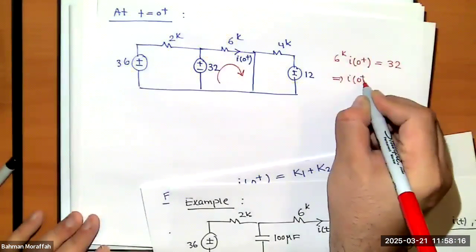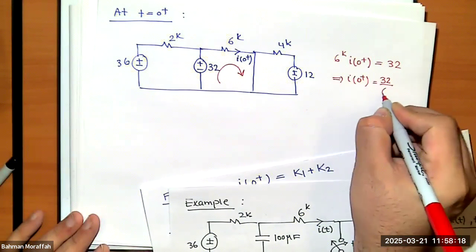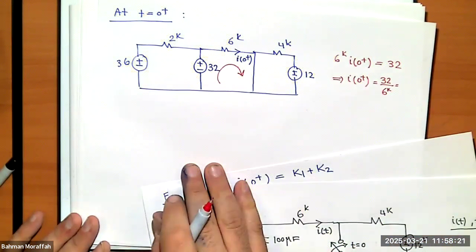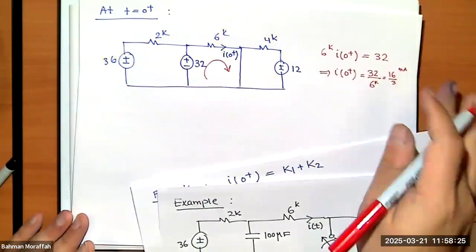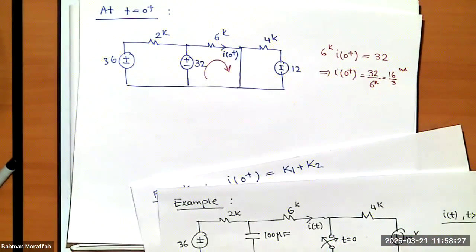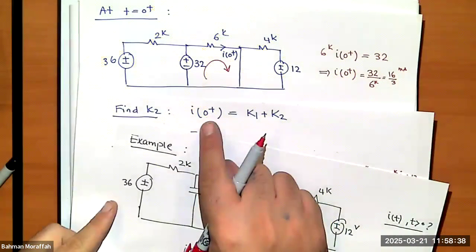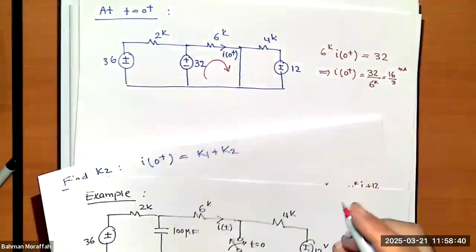Therefore, I at time 0 plus is 32 divided by 6K, which is 16 over 3 milliamps. That tells me immediately that K1 plus K2 is 16 over 3. Remember, I at time 0 plus is K1 plus K2.